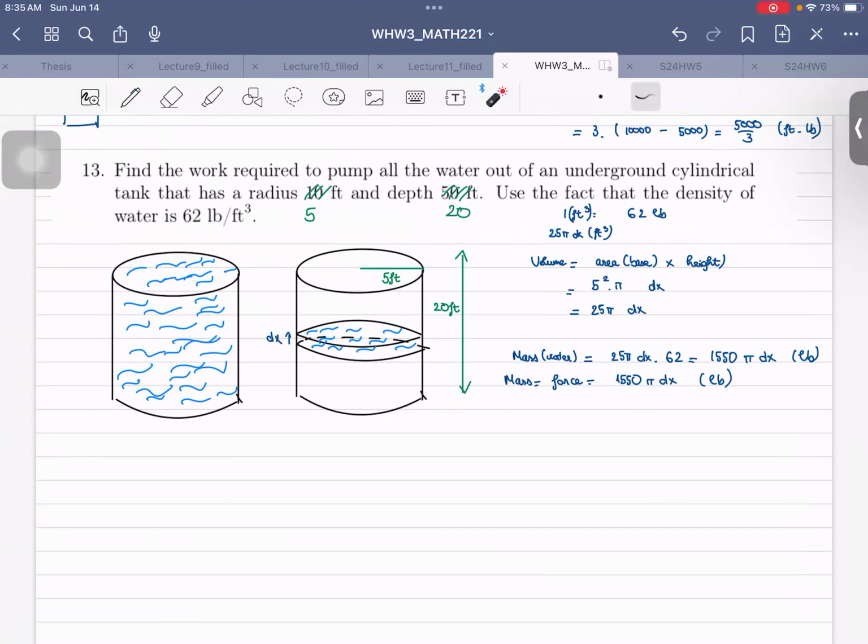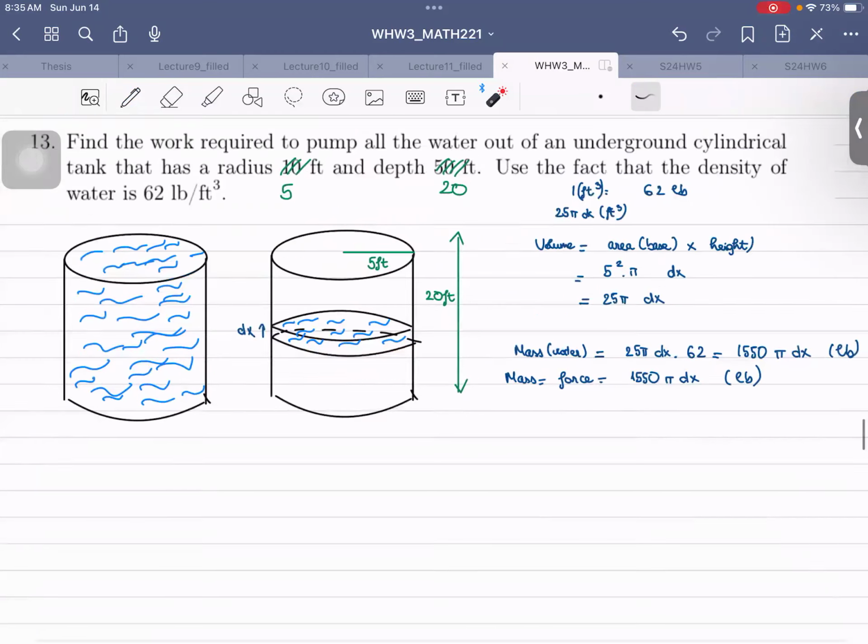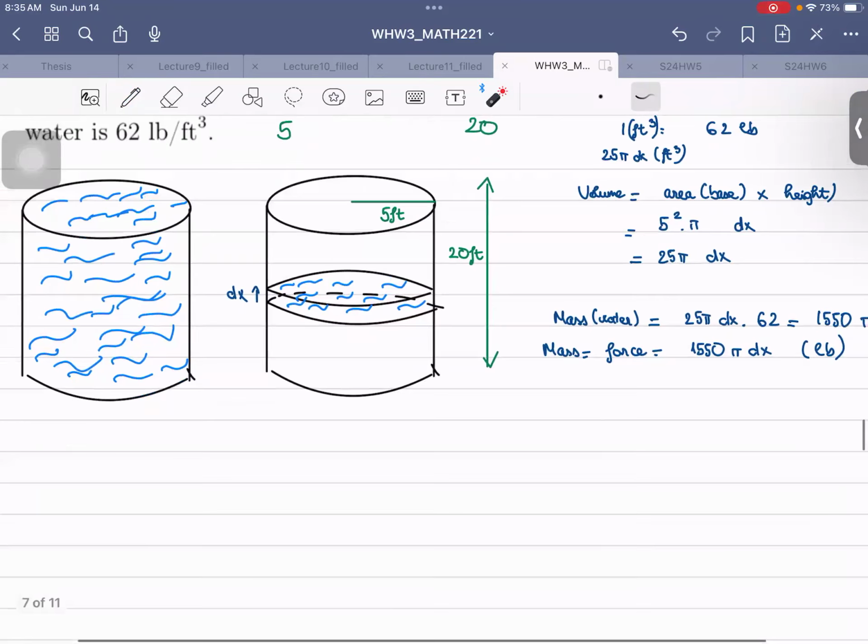So now you know the force required to lift these layers of water vertically out of the tank. The next thing you need to do is find the distance that these layers have to travel to get out of the tank.